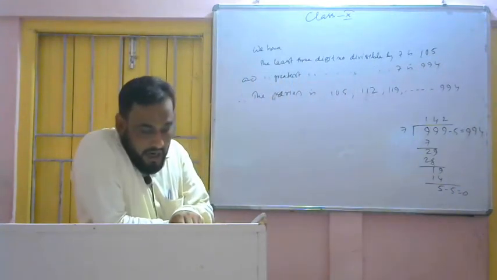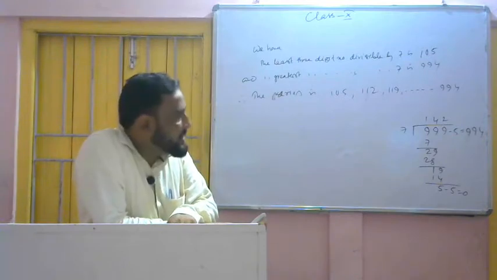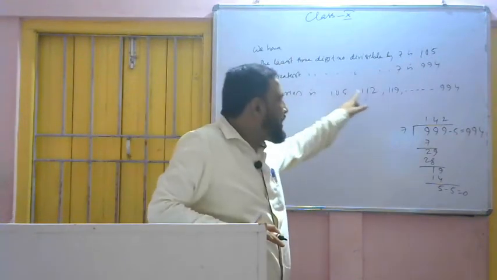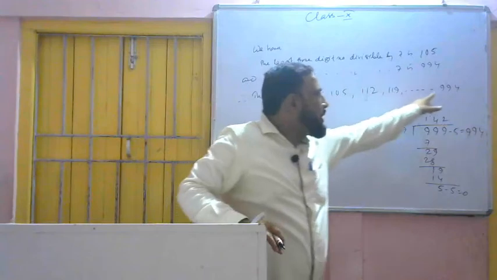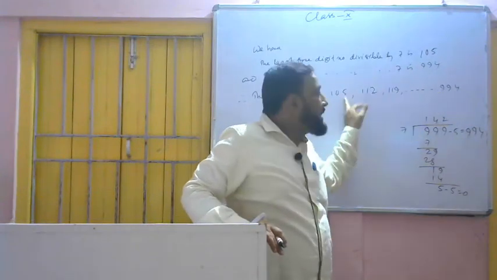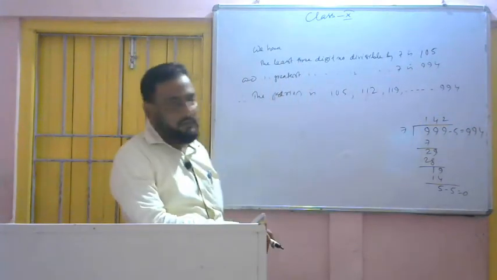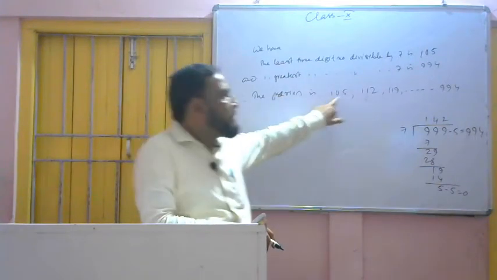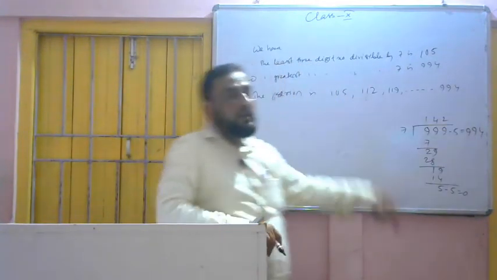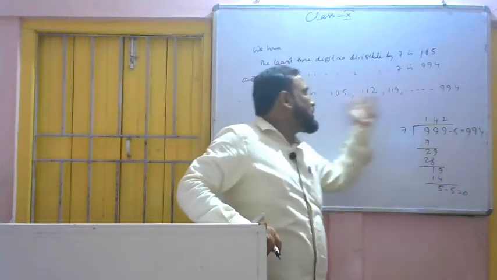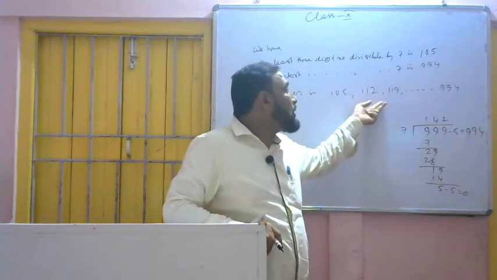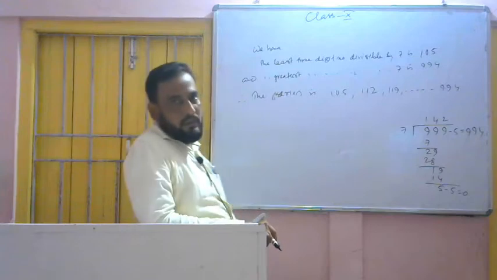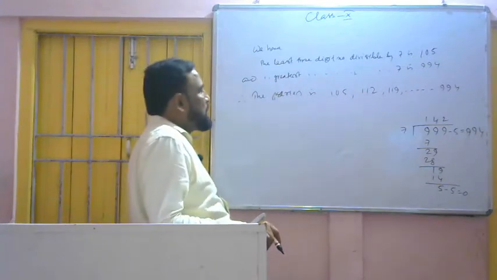Your question is, how many 3-digit numbers are divisible by 7? That is 105, 112, 119, up to 994. Like this, how many numbers are there? This is a series. The first term is 105 and the last term is 994, and in between there are many numbers. We have to count them without actual counting, using a formula.